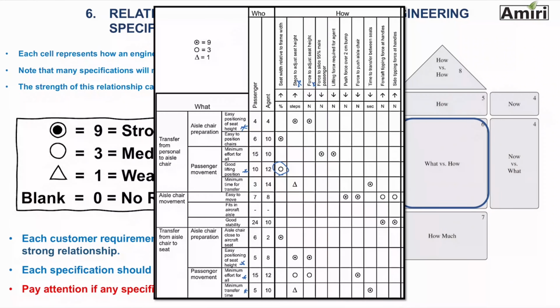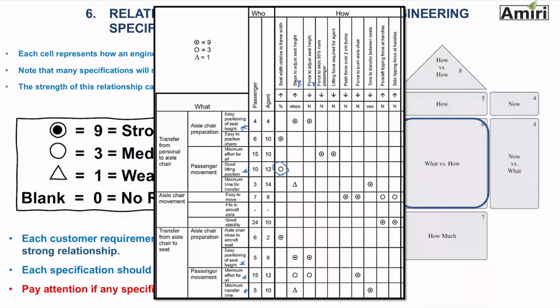This is a problem. That means maybe it wasn't well understood, or maybe it wasn't well thought through. And when I look at it, maybe good lifting position is not well defined. So you can go back to step 2 and step 3 and look at it and see if you can revise it or maybe better understand it.